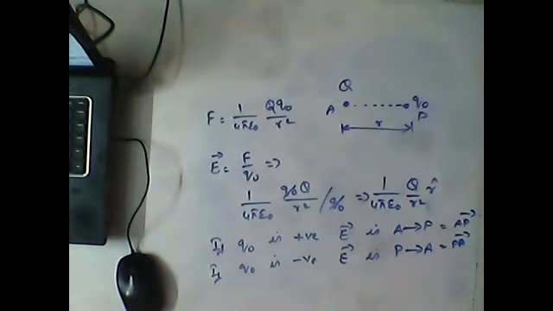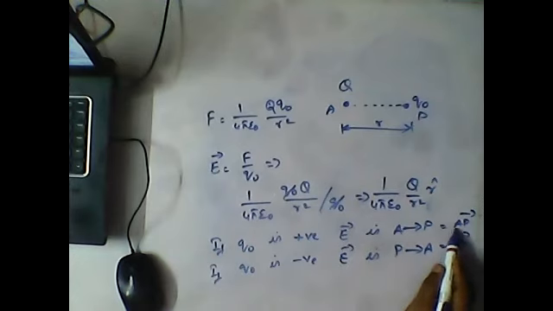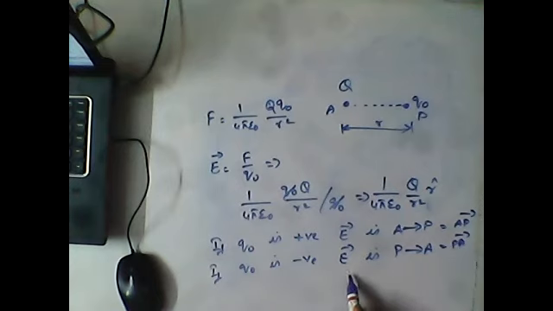I already said, if Q naught is positive, the electric field intensity is in the direction of AP bar, and if Q naught is negative, the direction of the electric field is PA bar, opposite.